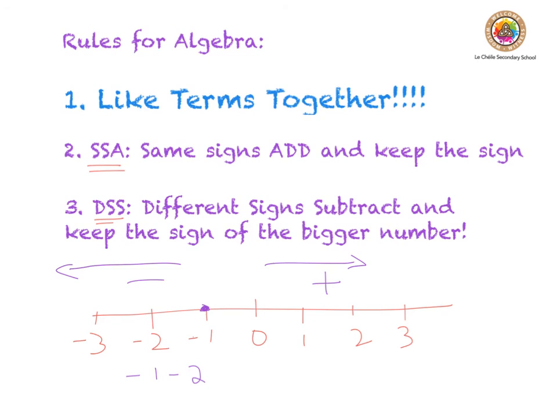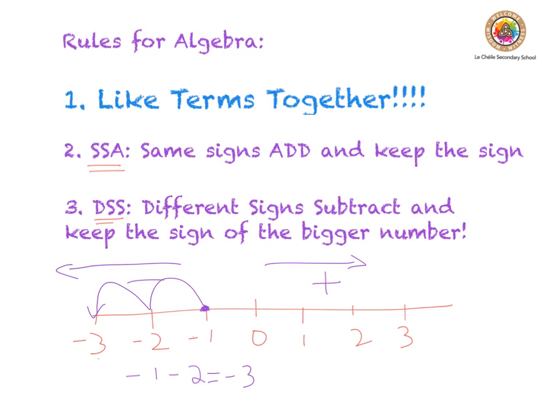So I need to move 2 spots to the left, 1, 2. So that's going to land me here. So that's why if it's same signs, I add 1 plus 2 gives me 3, but I keep the sign. Okay? And different signs subtract, well, it's the opposite operation.